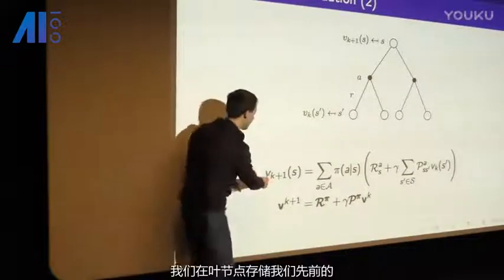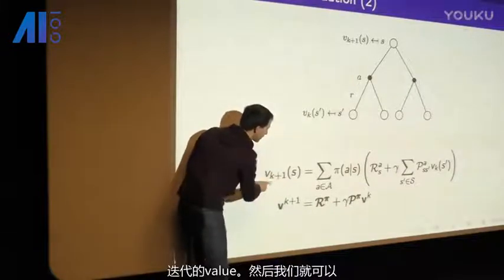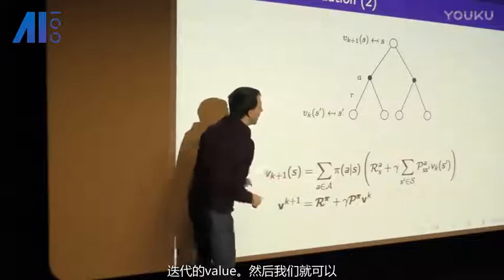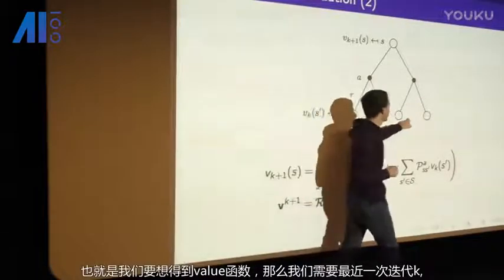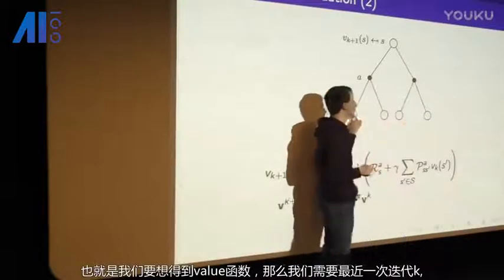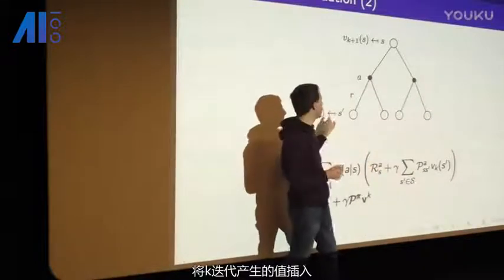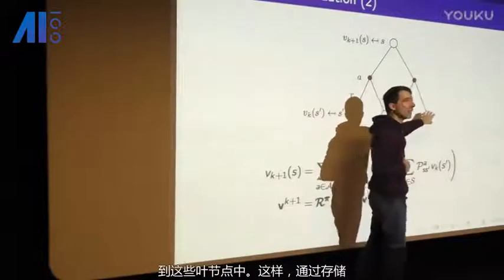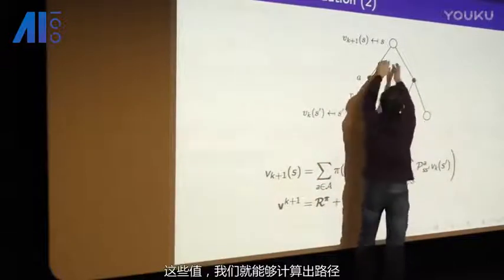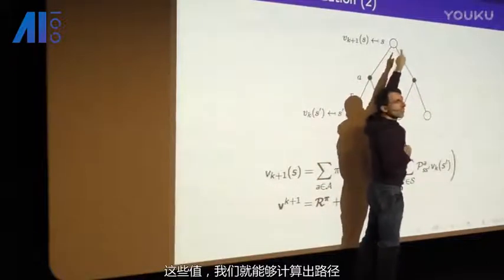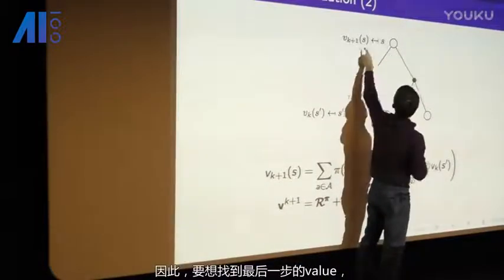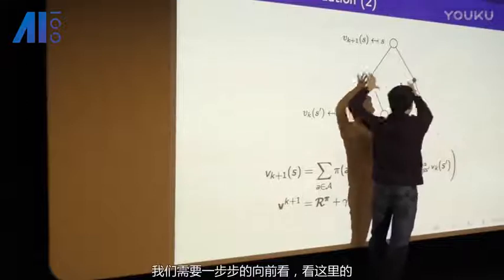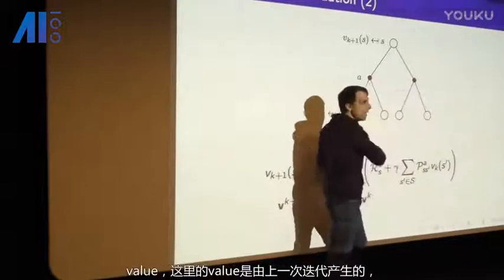In other words, we define the value function at the next iteration by plugging in the previous iteration's values at the leaves. We take our value function from the last iteration, vk, plug in those values at the leaves, and back them up to compute one new value for the root. So we figure out v k plus 1 by doing a one-step look ahead, looking up our values from our last value function.